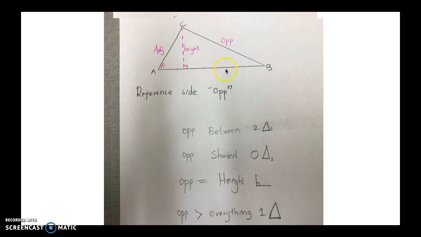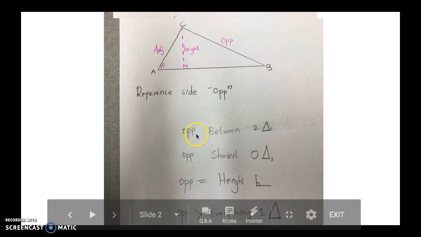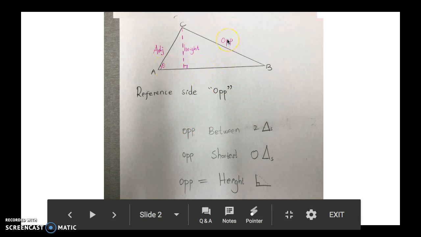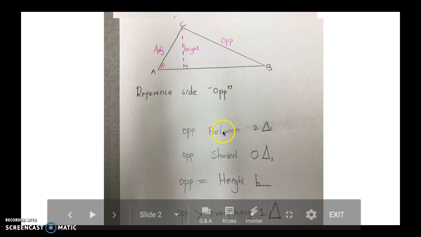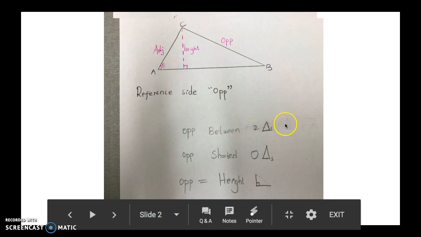After you have that, you just need to do some comparisons, just like they mentioned in the previous video. What you want to use as your reference length is the opposite side. I call it the opposite side because it's opposite from the reference angle called angle A, or theta in this case. If that opposite side's length is in between the height and the adjacent, then you have 2 triangles.